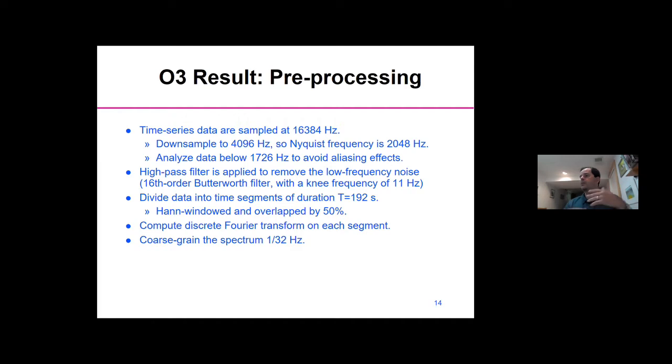So once we downsample and filter the data and then window it and so on, we are ready to do the Fourier transforms for each of these segments, and then we coarse grain them to 1/32 hertz. So that's the resolution at which we study the results.